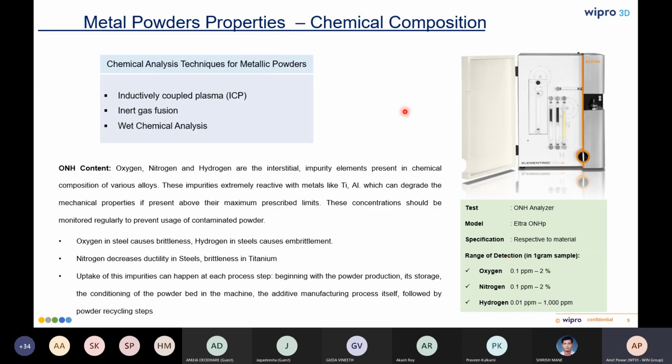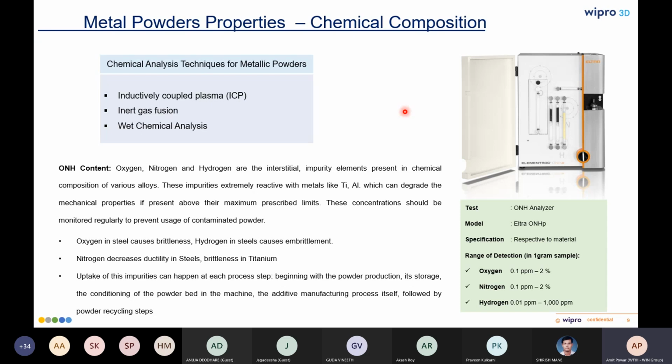So, how do we assess the quality of the metal powder? Basically, chemical composition. I will not go into the details because this is very well established, and there are different laboratories which can do this for you.